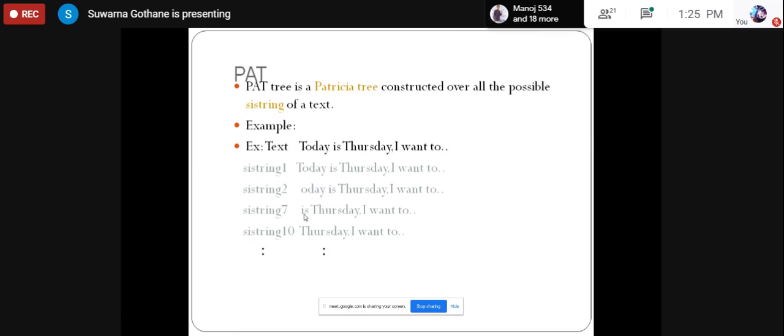So it is going to be constructed with the possible combinations of sistrings. For any word which you have typed, it is going to break it into the first letter, second letter, third letter, like that. It starts with elimination of those letters and keeps continuing until it becomes null.